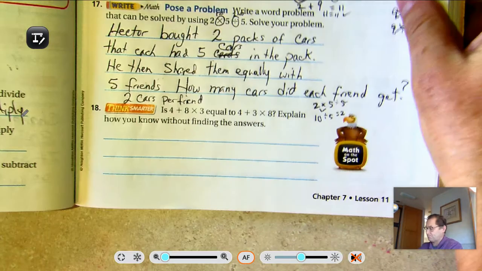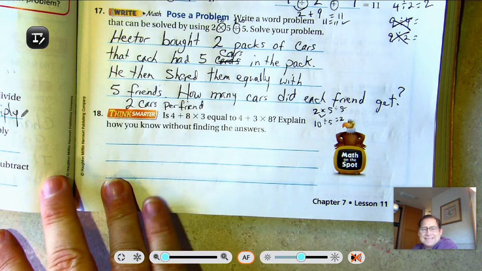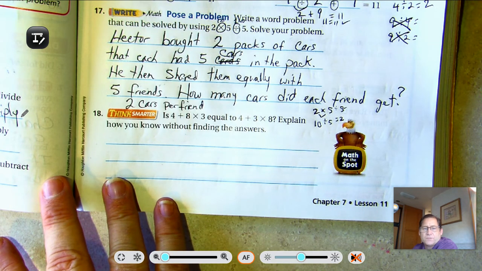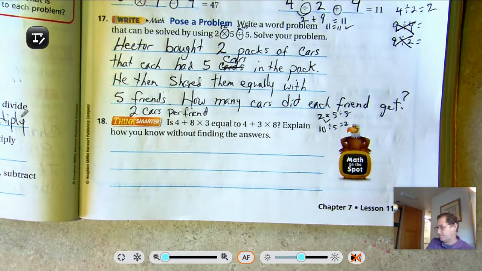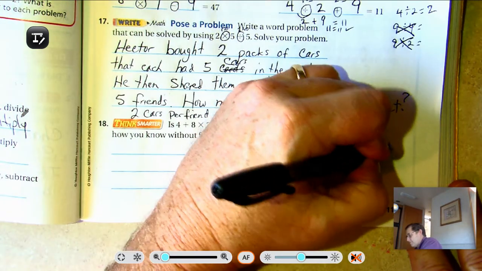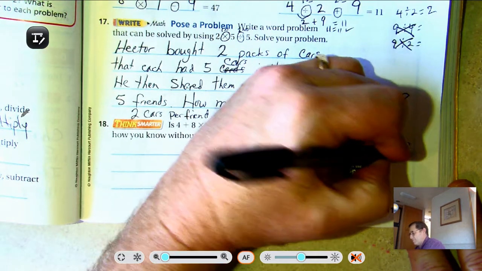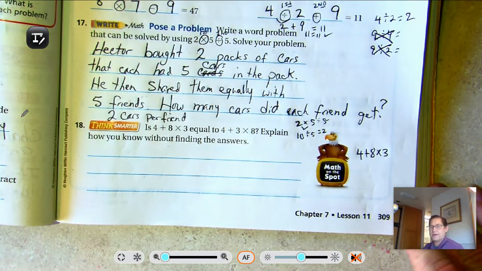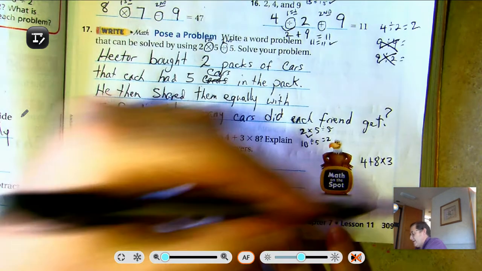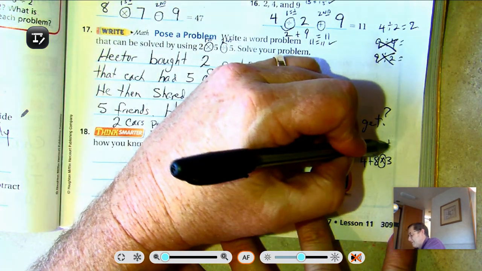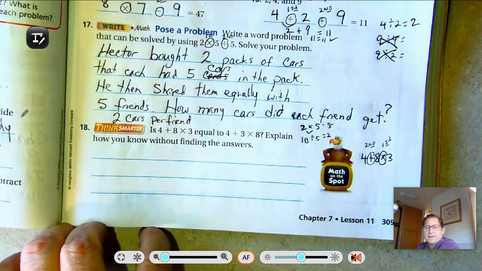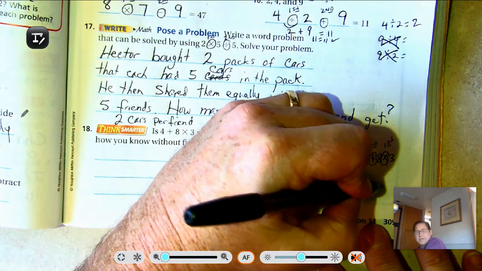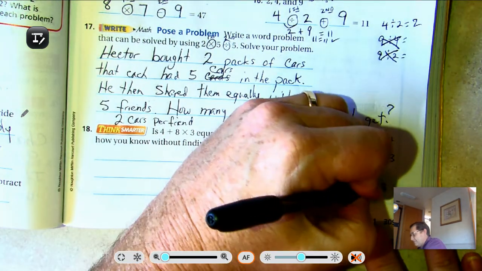All right, number 18. Is 4 plus 8 times 3 equal to 4 plus 3 times 8? All right, so let's rewrite them. Okay, we got 4 plus 8 times 3. What comes first? Multiplication. And then addition would be second. All right, in the other one, we have 4 plus 3 times 8.